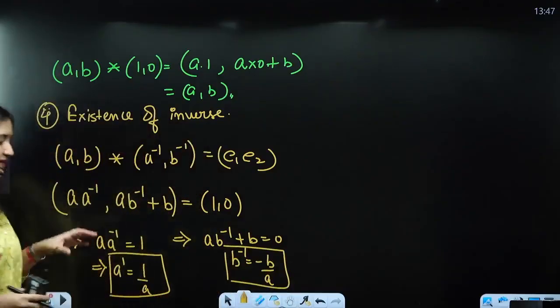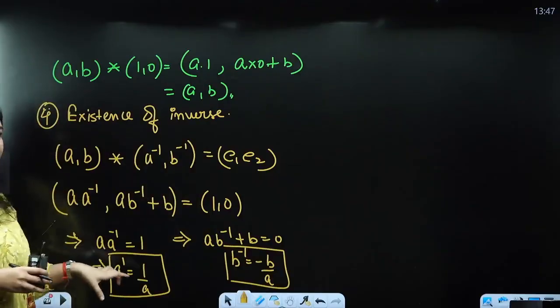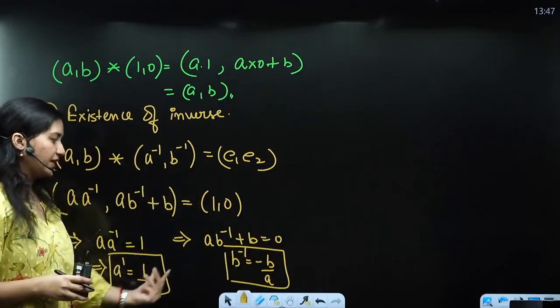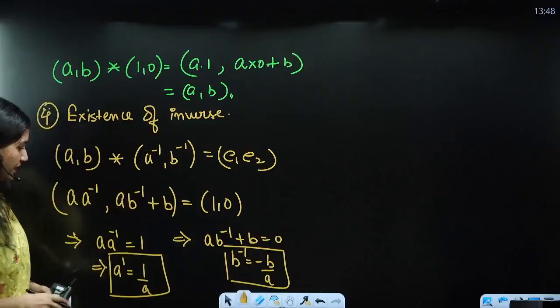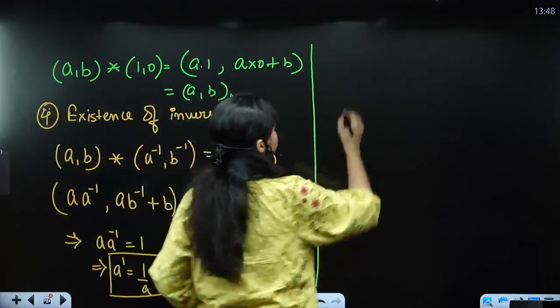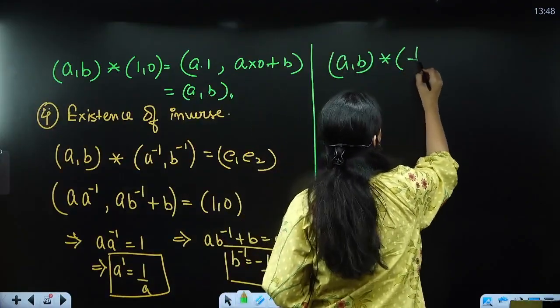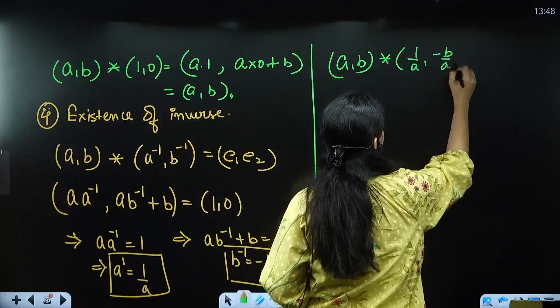So for any element (a, b) that belongs to the set, the inverse of that element is going to be (1 upon a, minus b upon a). You can check it here too. (a, b) operation (1 upon a, minus b upon a).